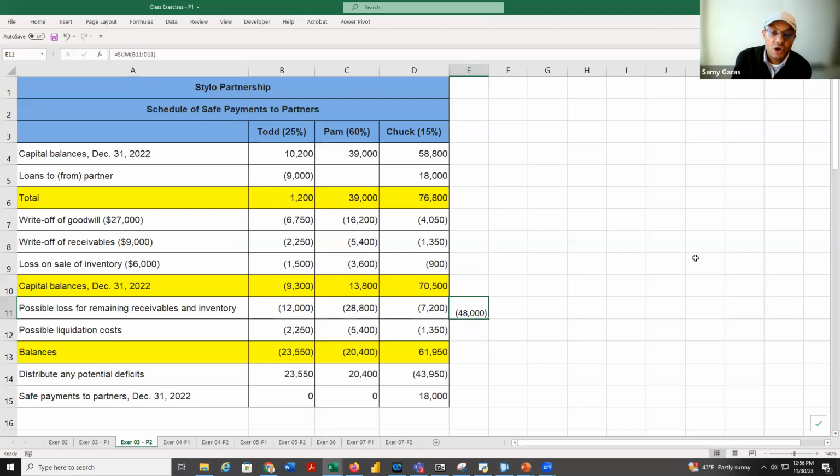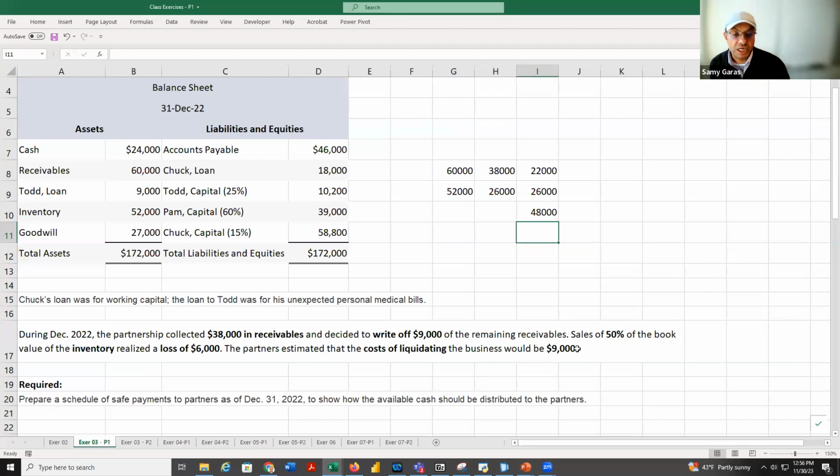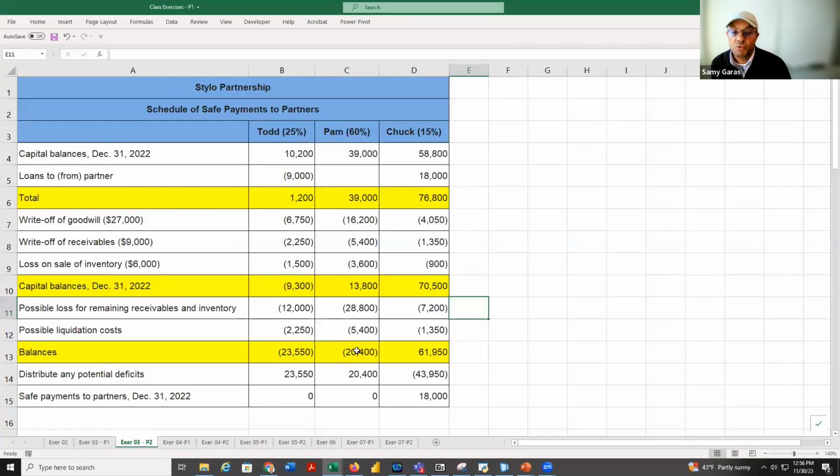So here we distribute the loss of 48,000 among the three partners. And the last one is the cost of liquidation here, 9,000. We divide the 9,000, 25 to 60 to 15. And finally, the balance will be the total here, where we see the balance for Todd, it became really negative.